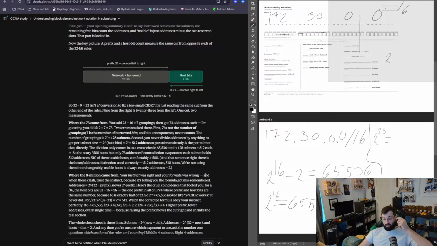So hosts are things that are actually being used. Addresses is everything, all addresses. Hosts is not counting the broadcast and the network. But when you say addresses, you're counting all of them. Another way to say it: hosts are usable addresses.